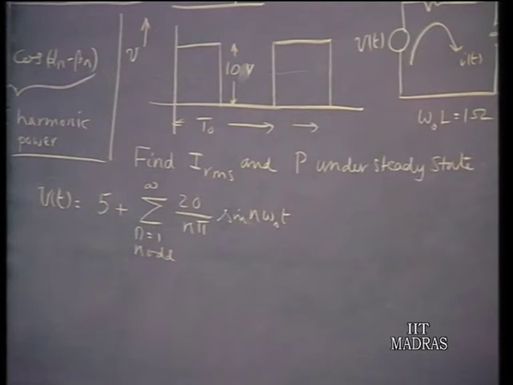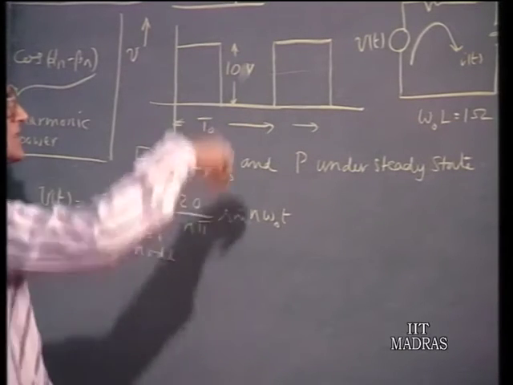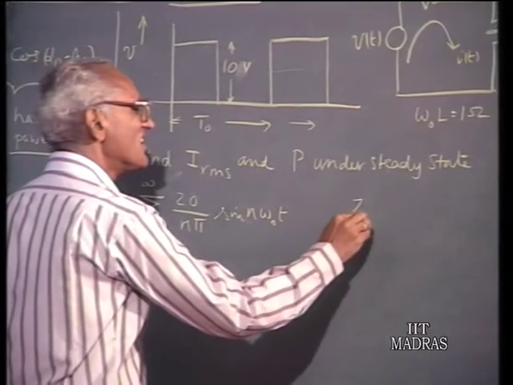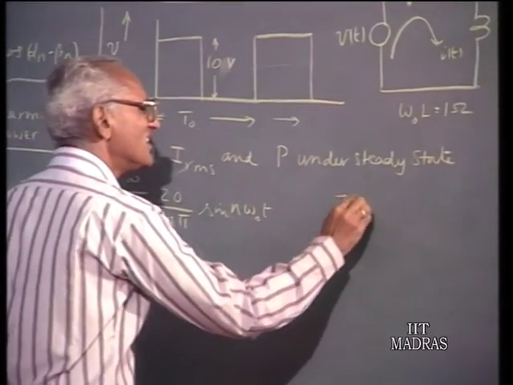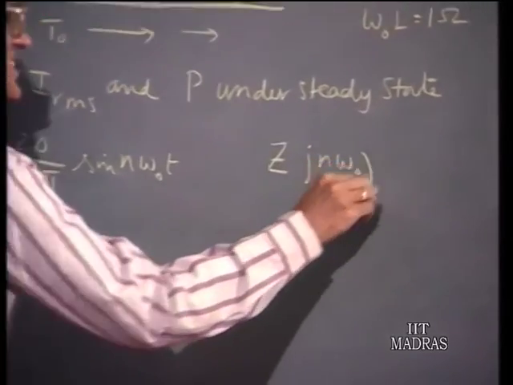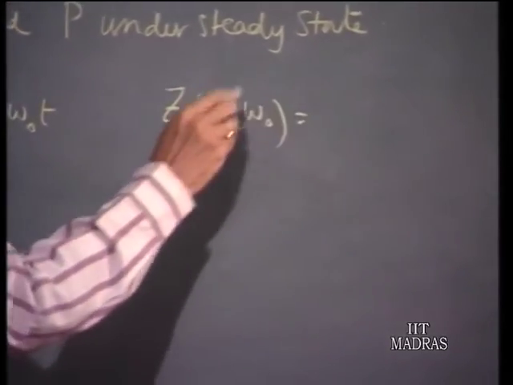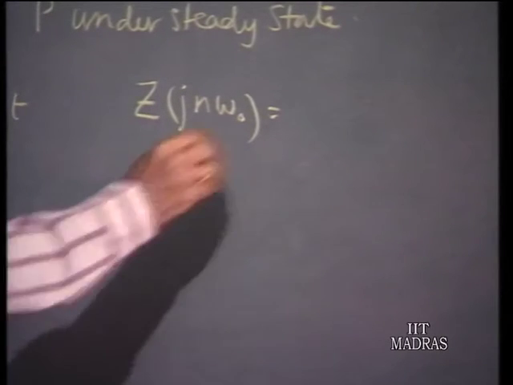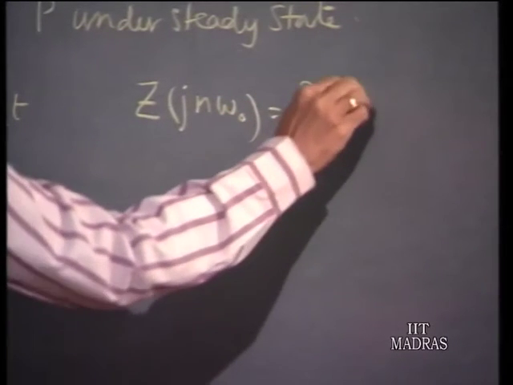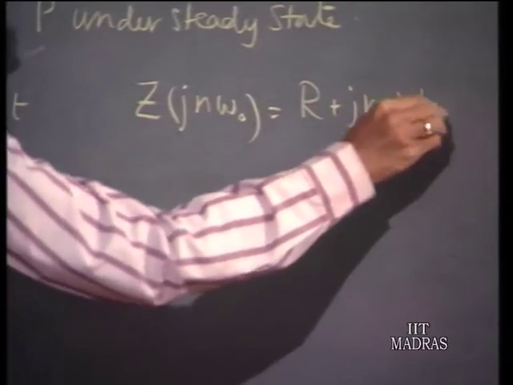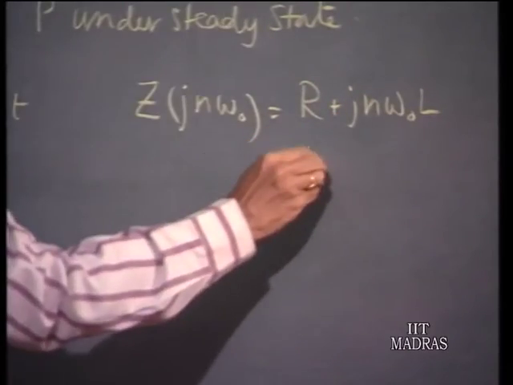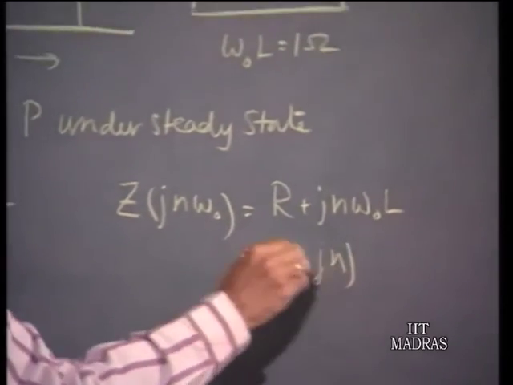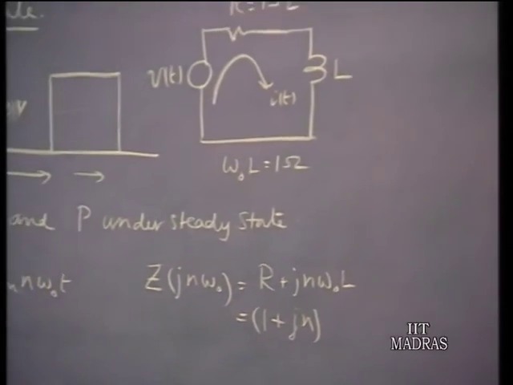So you have V of t, and now we do the steady state analysis of the circuit, and to do that we need to find out the impedance of the circuit for different frequencies. So Z of j n omega naught. For the nth harmonic frequency, the impedance of the circuit is R plus j n omega naught L, and since R equals 1 ohm and omega naught L is 1 ohm, this is 1 plus jn ohms.